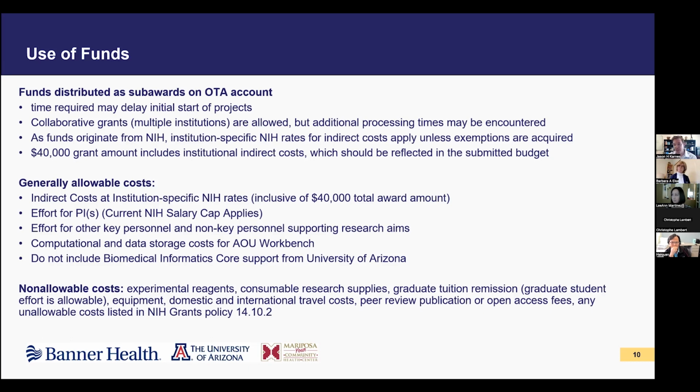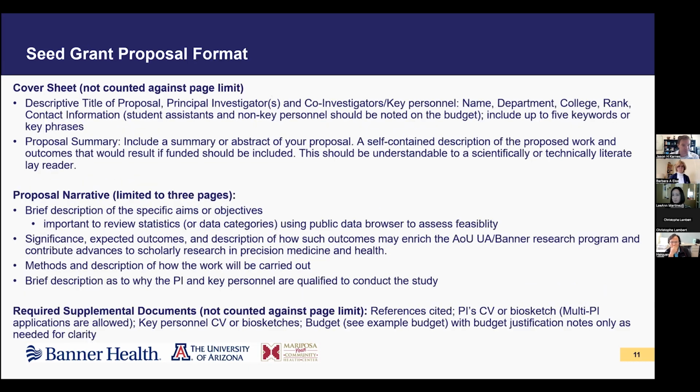And we can point any investigators to estimates for those data storage and computational costs. But I will preface this by saying sometimes it can be difficult to anticipate what those costs will be on a project-specific basis.